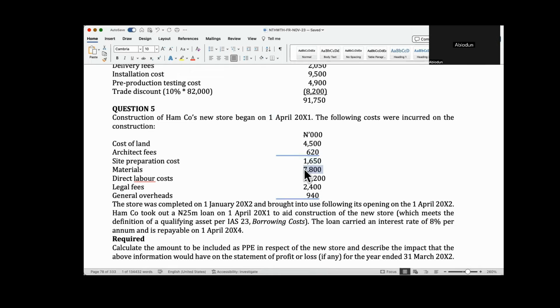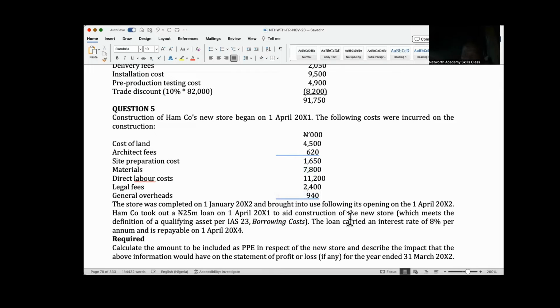Yes. Should it be capitalized? Yes. Okay, that's correct. What about direct labor costs? Yes. That's correct. What about legal fees? Yes. That's correct. What about general overhead? No. Okay, general overhead should be expensed.